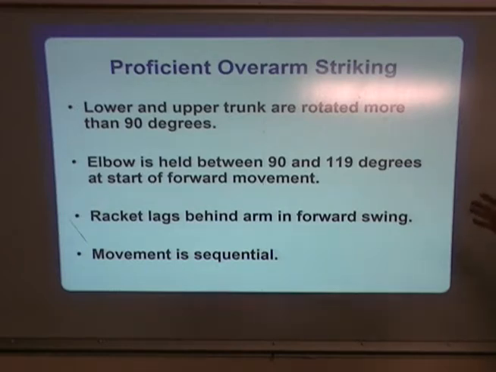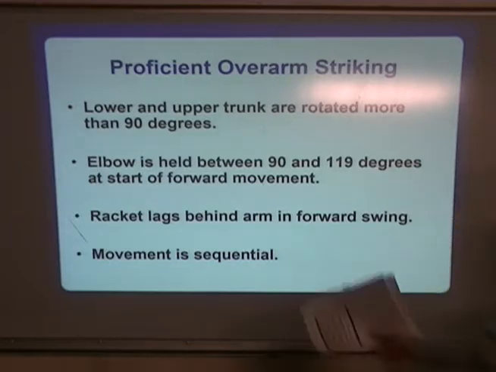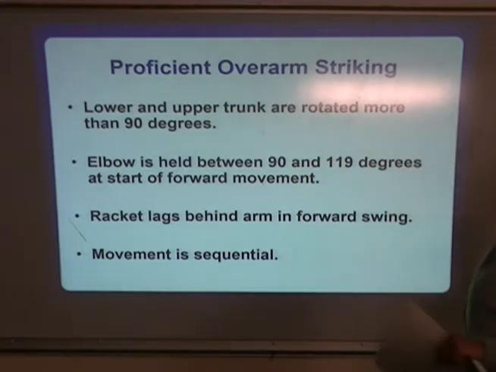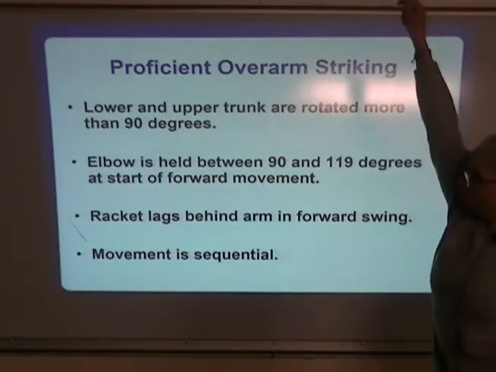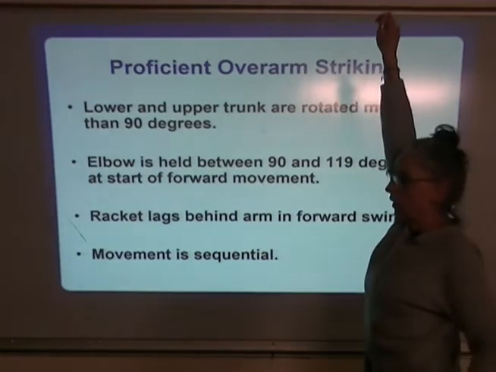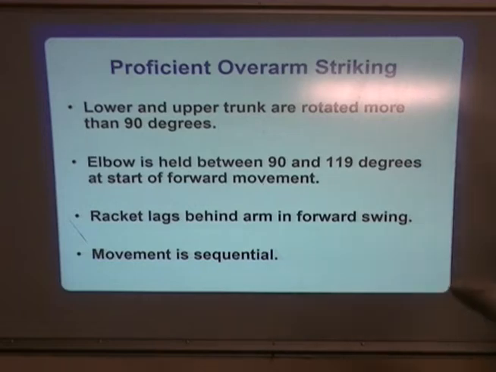Again, we're looking at that principle from chapter 3 that we want the longest radius of rotation at the point of contact with the ball. So we're seeing something that is much more sequential: lag, lag, lag, reach, hit the ball.